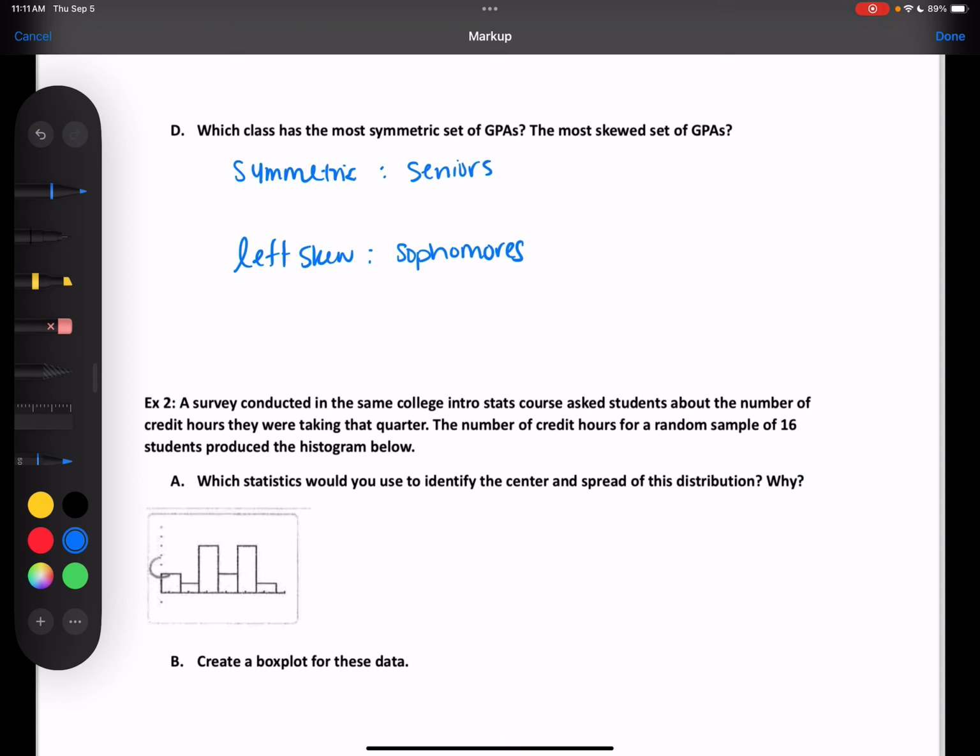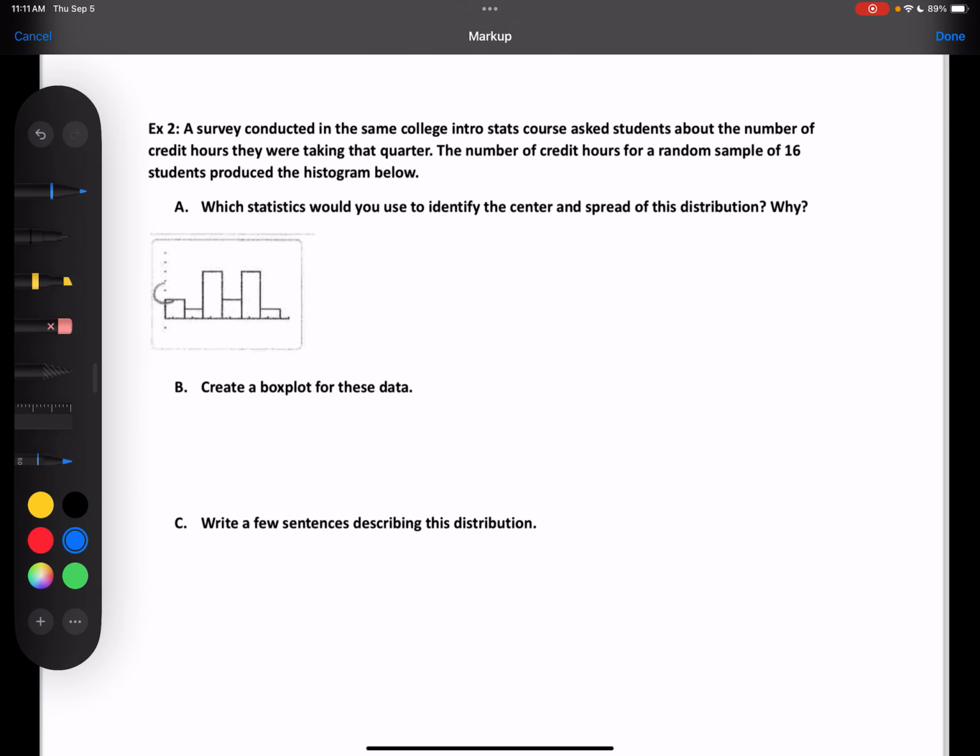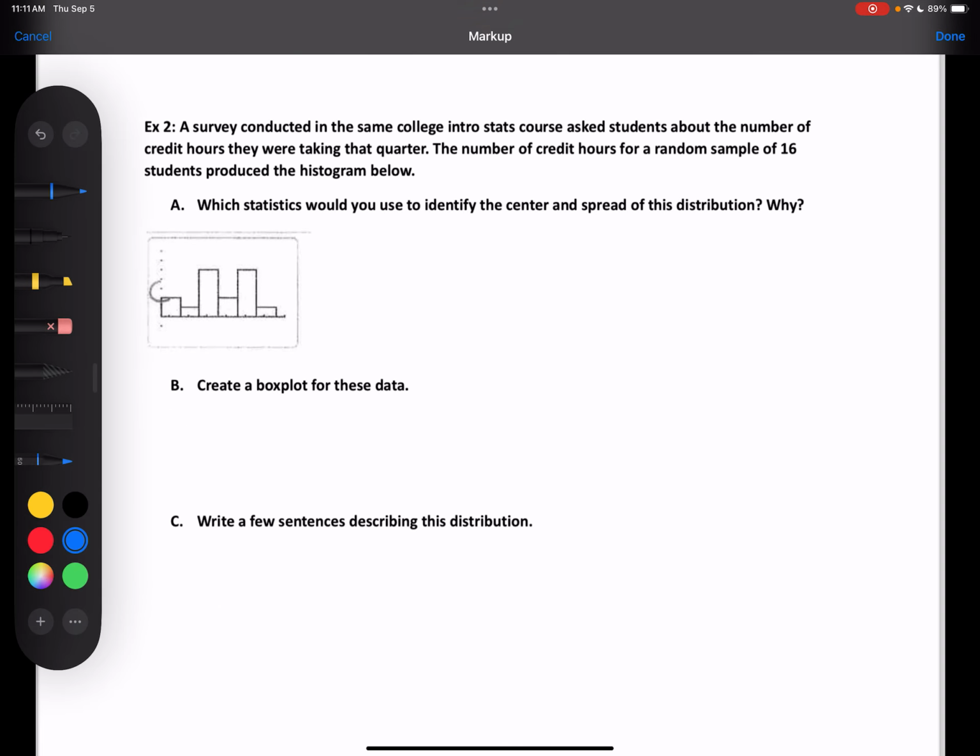Forgot to give you a piece of information you need for this next one, so I'll have to write that in. All right, let me go ahead and write in the information that you need for this one.